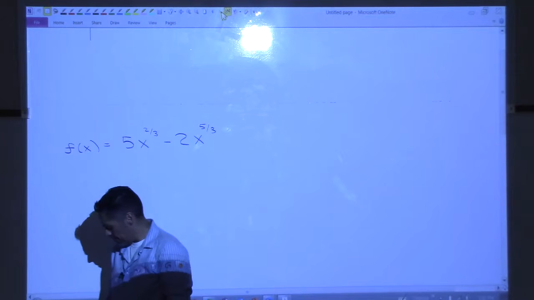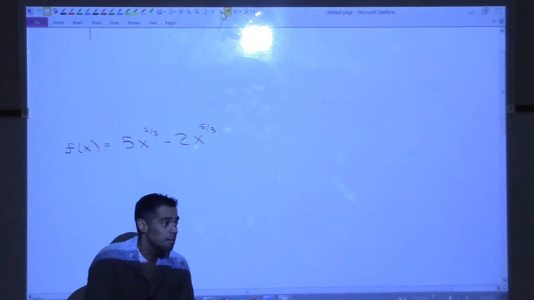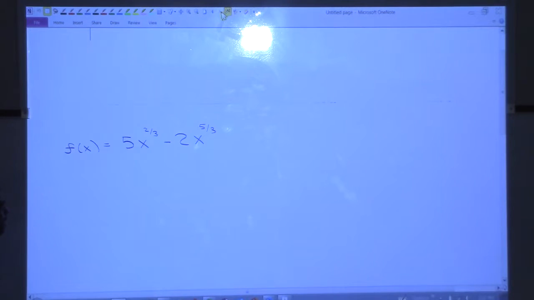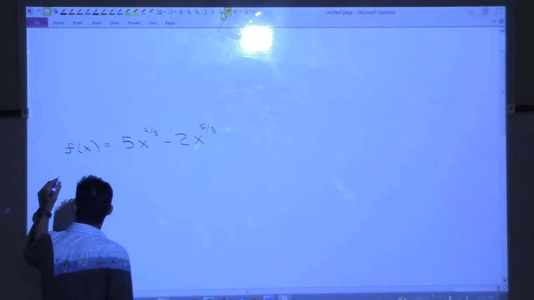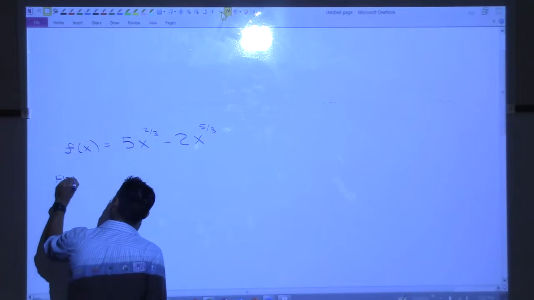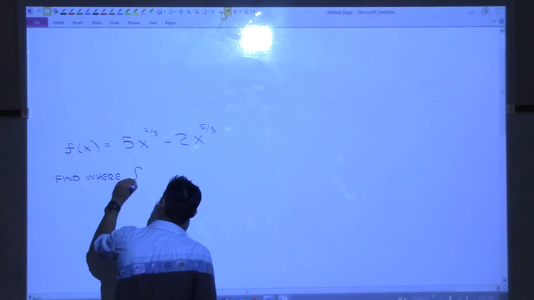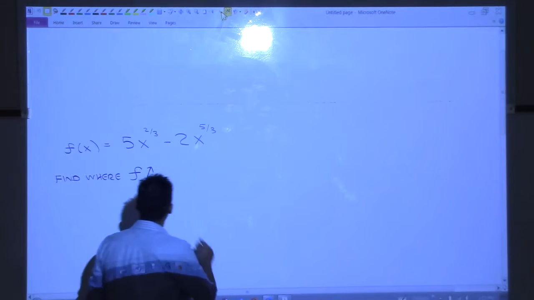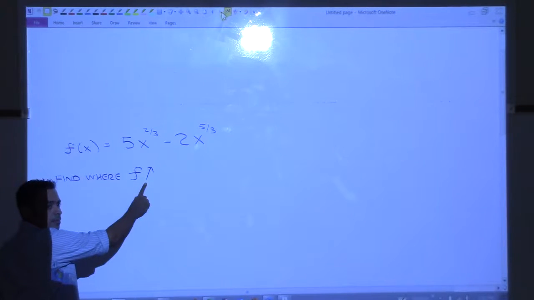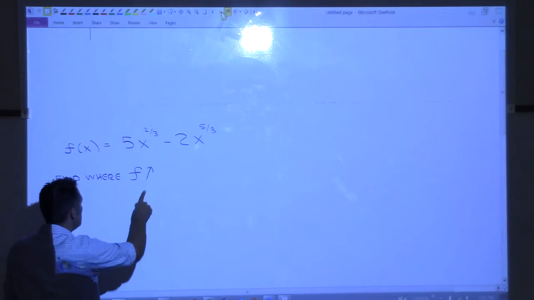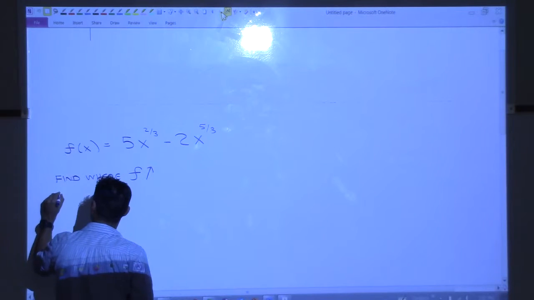Okay, so there it is. So we're going to take a look at this function. f of x equals 5 times x to the 2/3 power minus 2 times x to the 5/3 power. And what we'd like to do here is find where f, and I'm going to use this little arrow next to f to represent increasing instead of writing the word increasing, find where f is increasing.